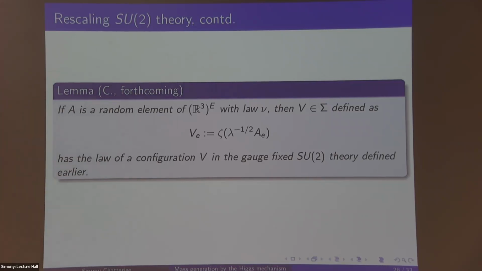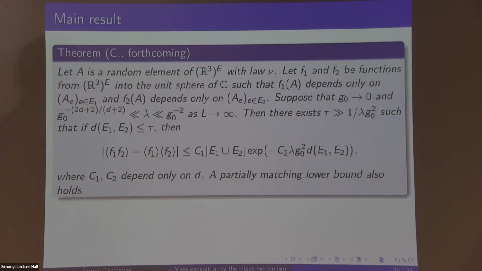So this is just some calculation, but the main result is the following. I'm still writing. Let A be a random element with law nu, and so this is the Lie algebra version of the theory. Let F1 and F2 be two functions supported on two sets that are at some distance.